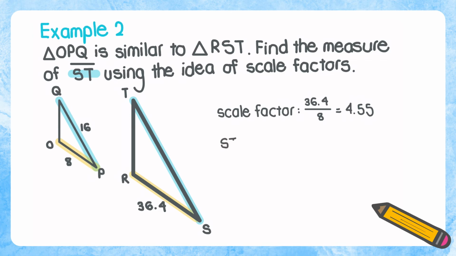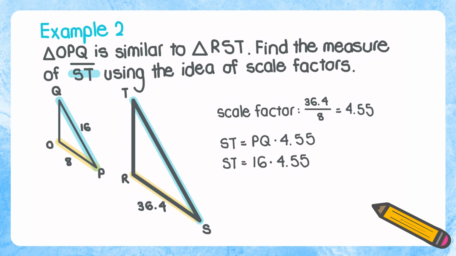So we have side ST, that's what we're trying to find. We know that the side length of side ST is the side length of side PQ times our scale factor 4.55. The length of side PQ is 16. So 16 times 4.55.